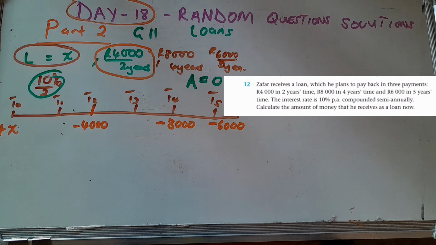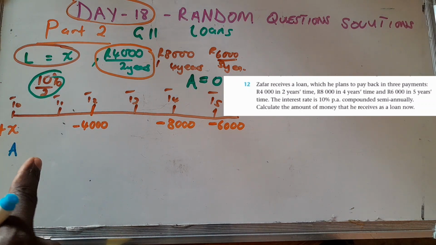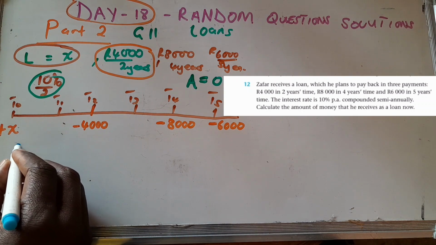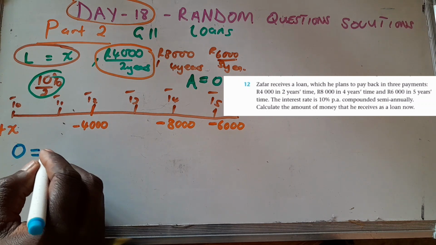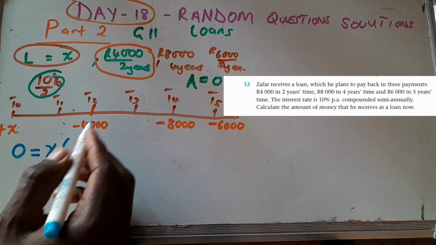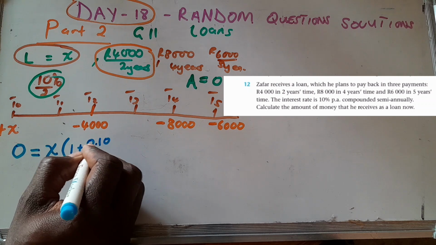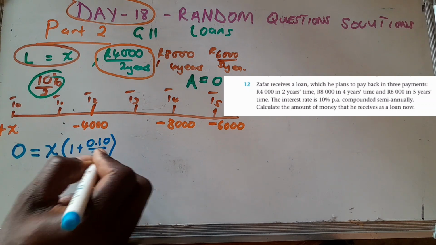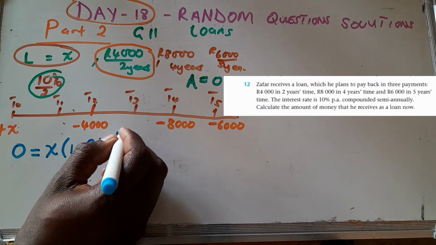So creating our equation now, our accumulated amount, which is 0, will be equal to this money, which is X, which stayed for 5 years. So this is 1 plus 0.10 divided by 2, to the power of 5 multiplied by 2, which gives us 10.